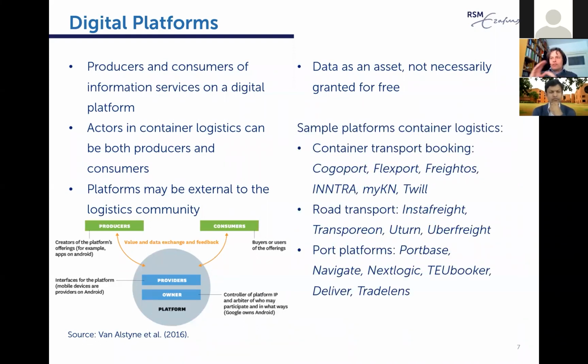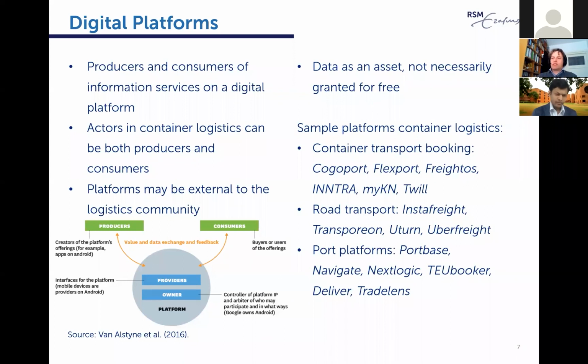Now, there are a lot of different types of platforms already in the container logistics industry, maybe inspired by what we saw in the business-to-consumer world, like the Ubers and the booking.coms, or whatever platforms you are familiar with that you might actually use on a daily basis to order your products, to arrange your holiday destination, and so on.